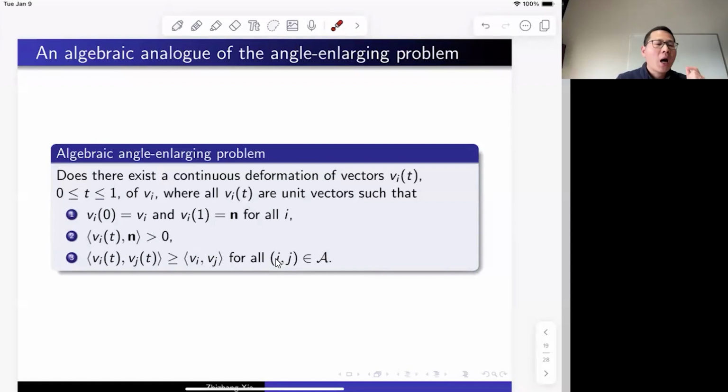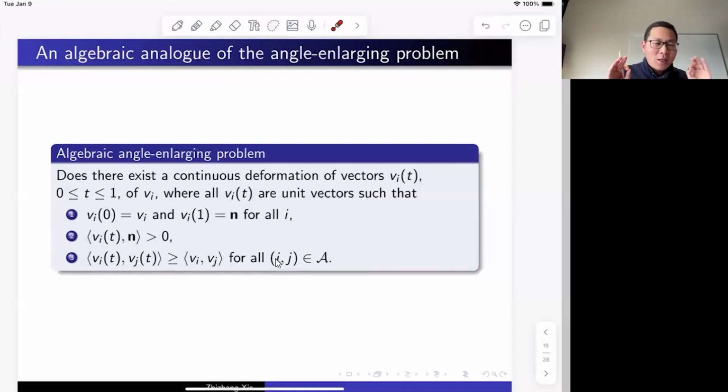Now, it's quite possible that throughout the deformation process, for some t, these V_i, if you really want to think of them as inner normal vectors of some hyperplanes, this new set of hyperplanes might not form a convex polytope anymore. Or even if they form a convex polytope, the combinatorial structure might be different from the original convex polytope you start with.